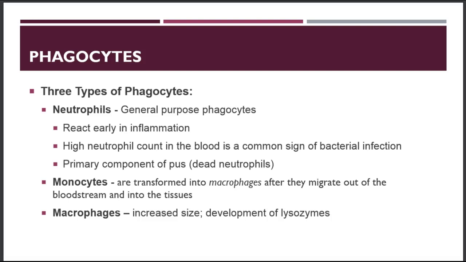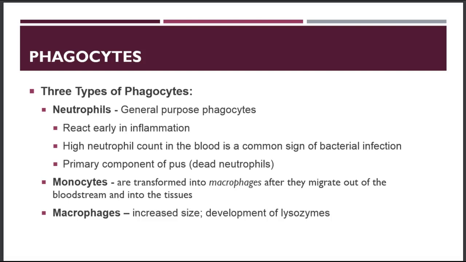We have three types of phagocytes: neutrophils, monocytes, and macrophages. These are our general phagocytic cells. Neutrophils are general purpose phagocytes. They react early in inflammation. High neutrophil count in the blood is a common sign of a bacterial infection.